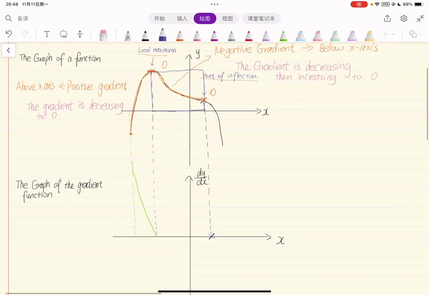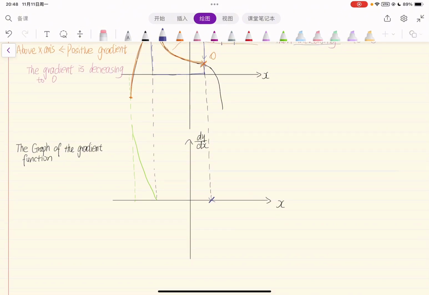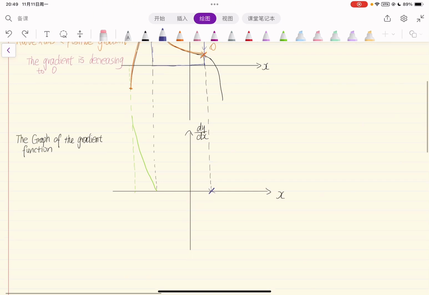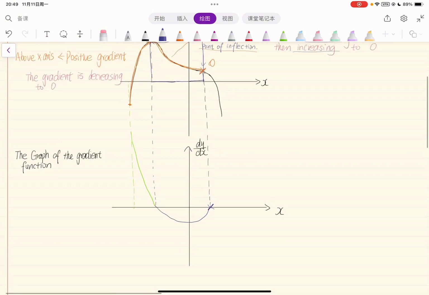And we know that it should be below the x-axis, and the process is that it decreases and then increases. So we can have the curve like that. Sorry for the bad sketch. Let me sketch that again. Yeah, something looks like that.